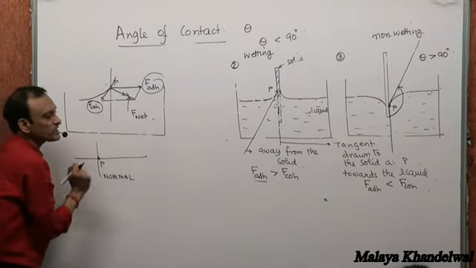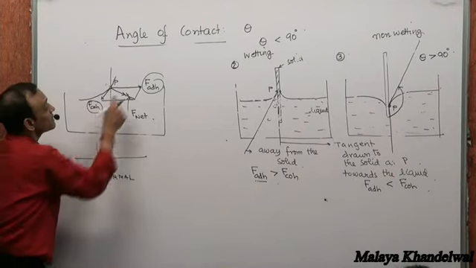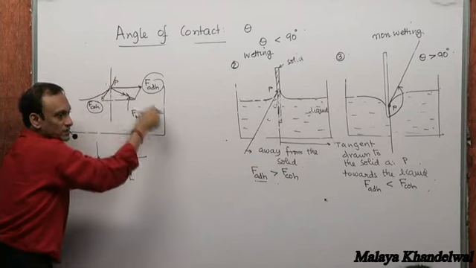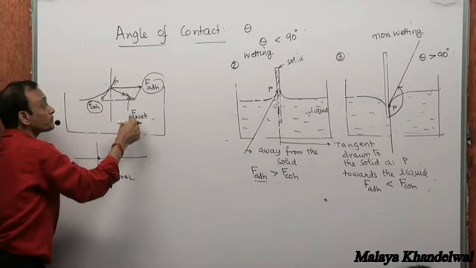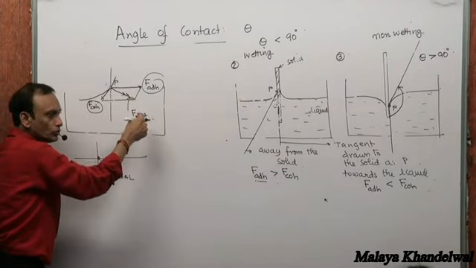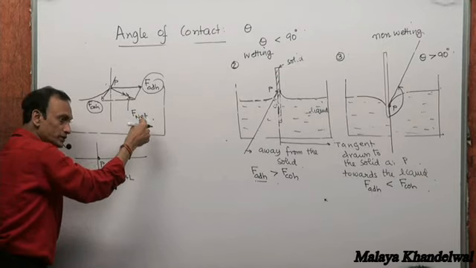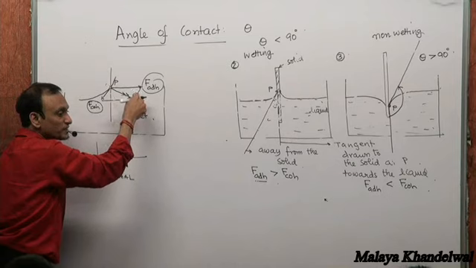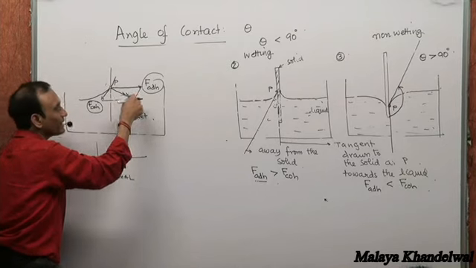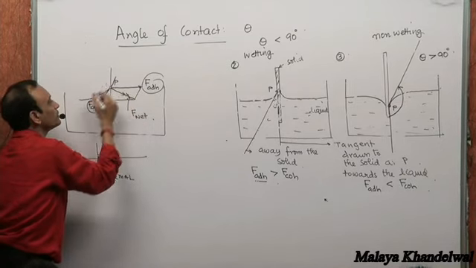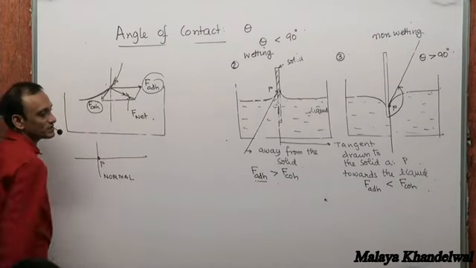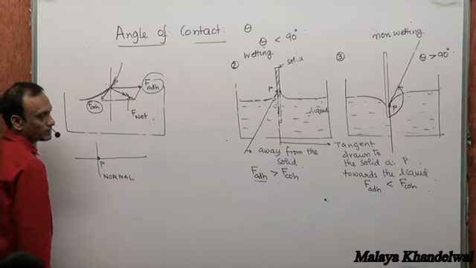So now the net force experienced by P, which is on the surface, must be the resultant of these two, which from the parallelogram law is like this. And the net force will always be along the normal to the liquid surface at the point. That means this must be the normal at the point P of the liquid surface. So for it to be a normal, you would expect something like this to be the surface. This is what happens.